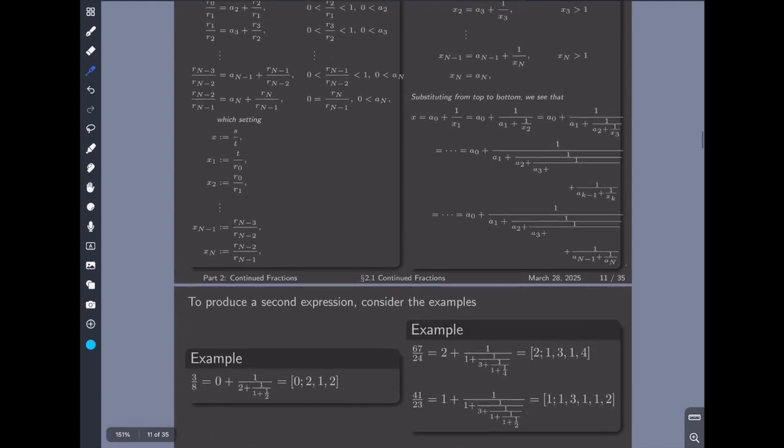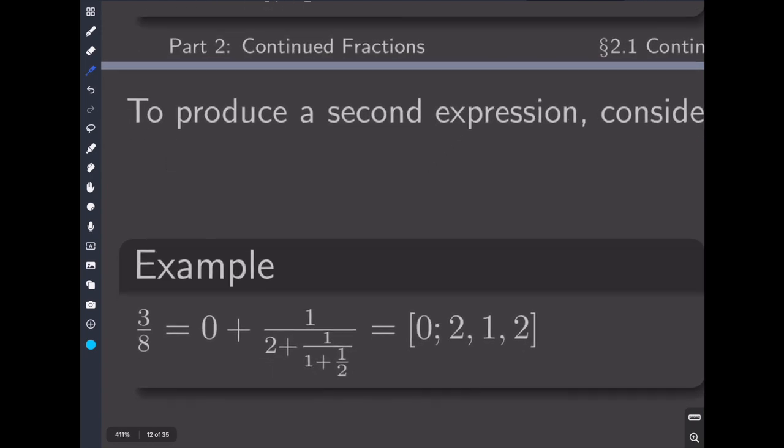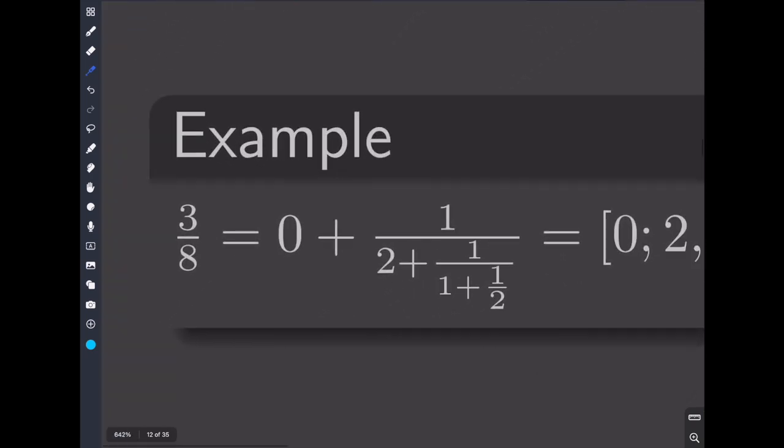And then to produce a second expression, consider, for instance, this one. What would you do with this one to produce another?